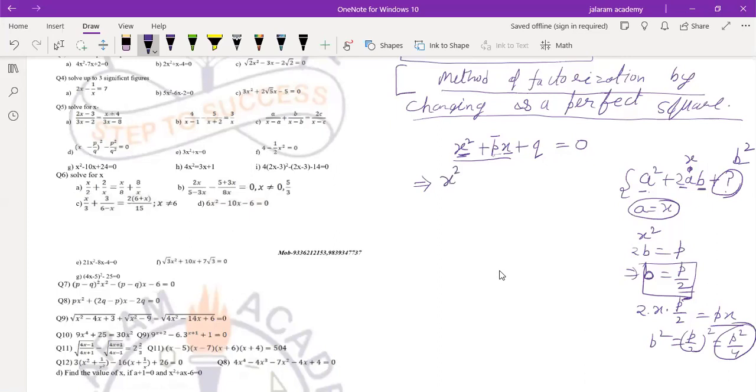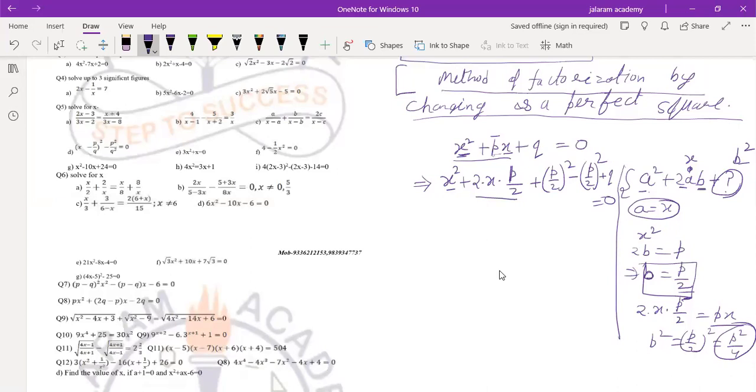So first we write x square plus 2 into x into p by 2. Check whether it is satisfying the previous line or not. x square plus 2x into p by 2 means px. Now to make it a perfect square, we should add (p by 2) whole square. Okay. If we add (p by 2) whole square, but it is not in the previous line, so we have to subtract it, (p by 2) whole square, and plus q equals to 0 remains in its place.